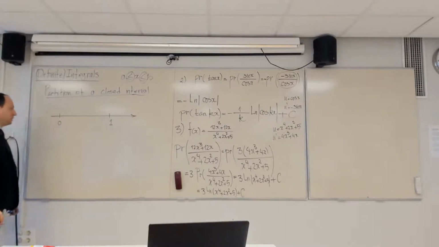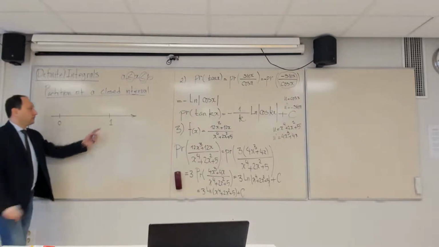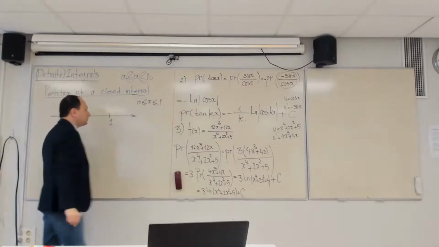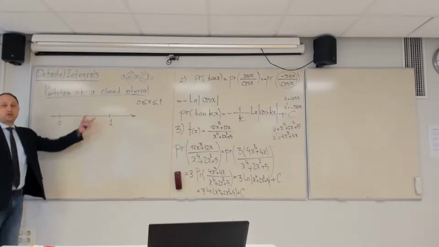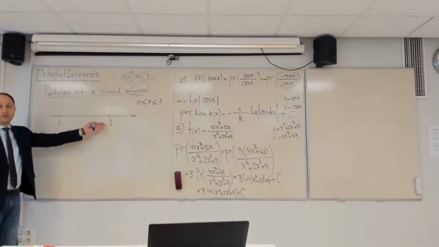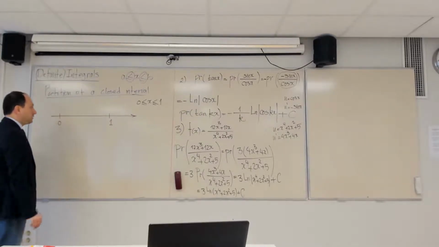0, 1. For example, I want to partition the closed interval from 0 to 1 into 5 equal parts. If I do that, that is called the partition of this interval. It's a very simple idea. I want to divide it into 5, so 4 parts. 4 is easier.